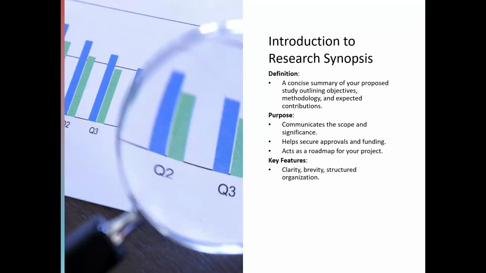It acts as a roadmap for your project, and anyone who wants to understand your whole research can easily understand it from your synopsis. The key features are clarity, brevity, and structured organization. Your research synopsis must be clear and structurally organized, and everything must be in place.